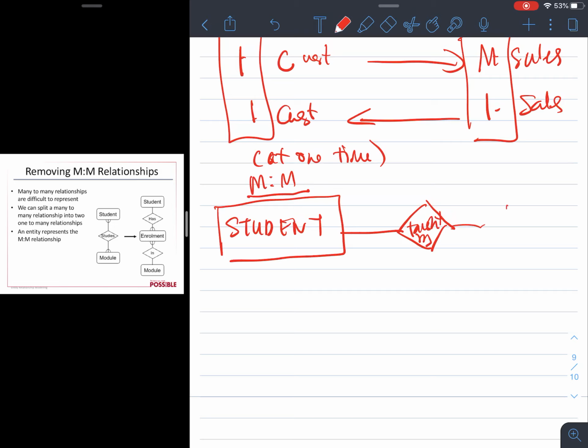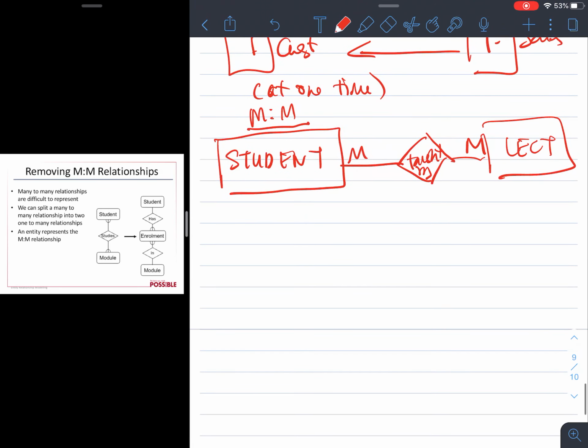As much as possible, we do not want to have a many-to-many relationship. But that doesn't mean that you cannot have a many-to-many. It's just that you have to alter the relationship a bit.